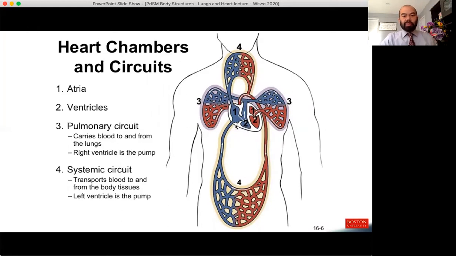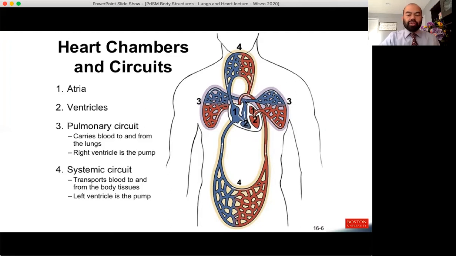So the valve that blood passes through from 1 to 2, or from the right atrium to the right ventricle, is the tricuspid valve, and the valve through which the blood flows from the right ventricle to the pulmonic or pulmonary trunk is the pulmonic valve or pulmonary valve.